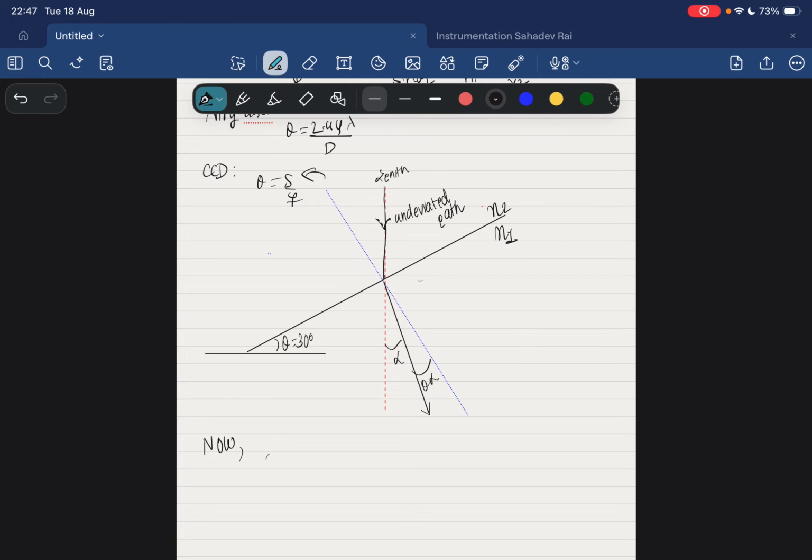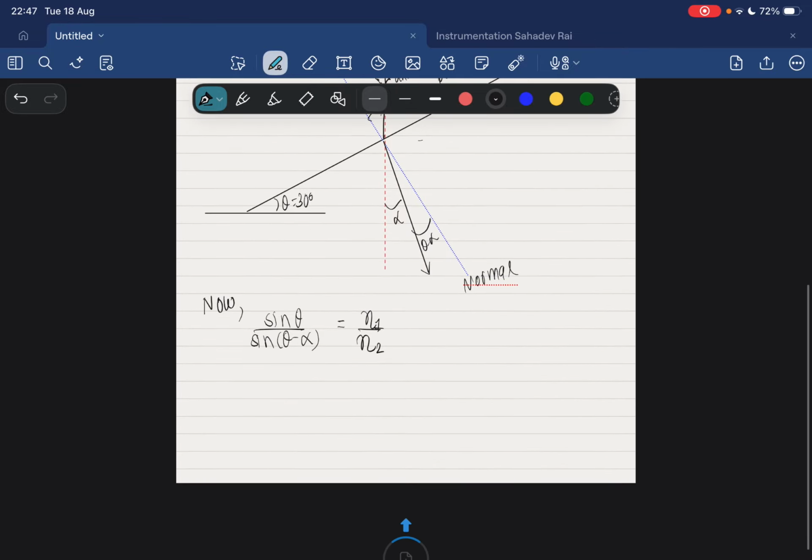We know sin theta 1 divided by sin theta 2 is sin theta divided by sin of theta minus alpha. This is the normal right here. It's going to be n1 divided by n2 as per the figure.